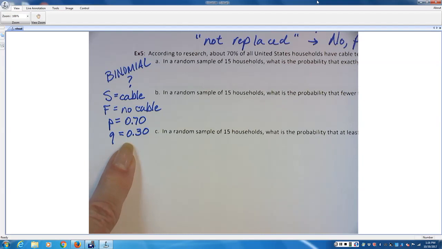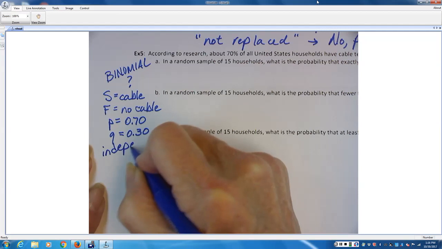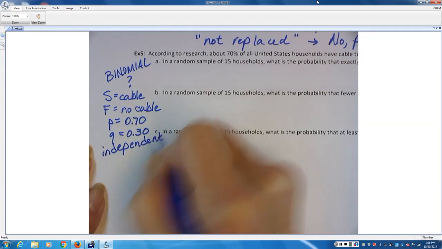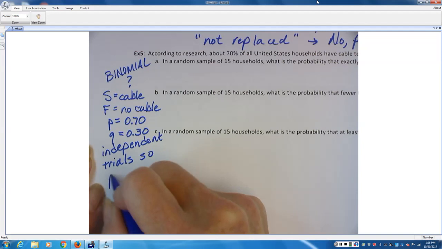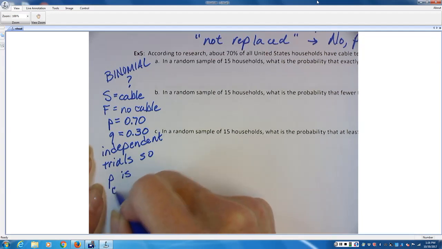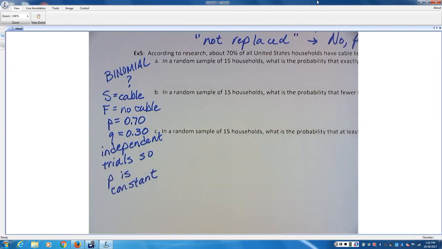Because if you have cable, I'm going to get cable, but if you don't, then I'm not going to. No, probably not. So we do have independent trials, so the value of P remains constant.